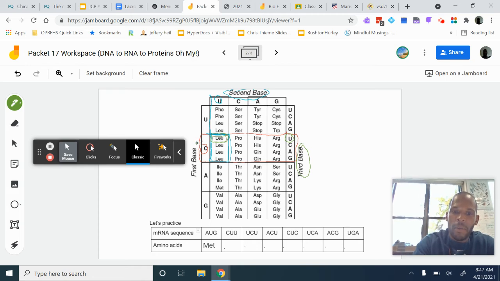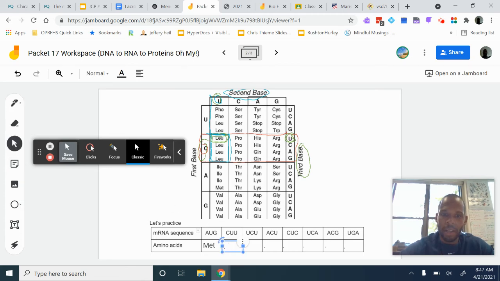Because C, U, and U, they all cross paths right here. So my answer would be leucine. I think I'm saying that correctly. That one would be L E U for that first one.